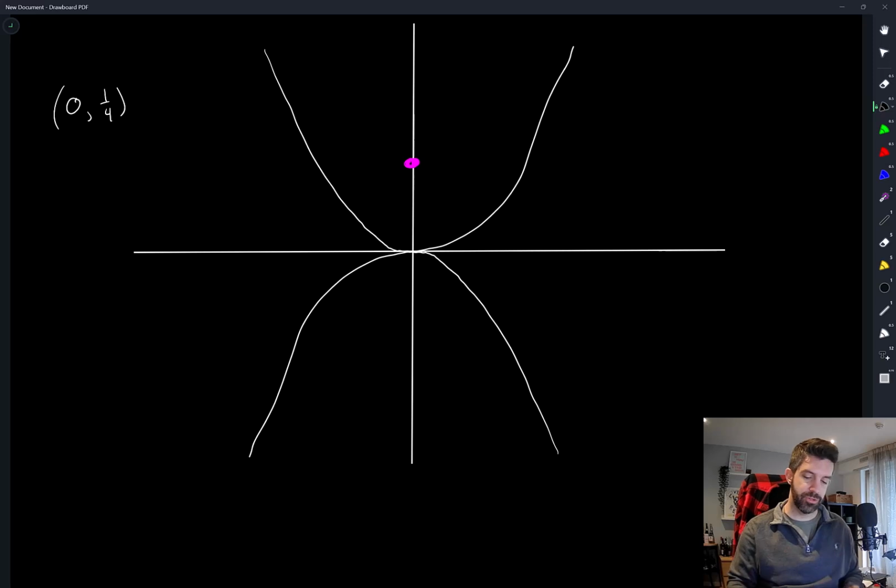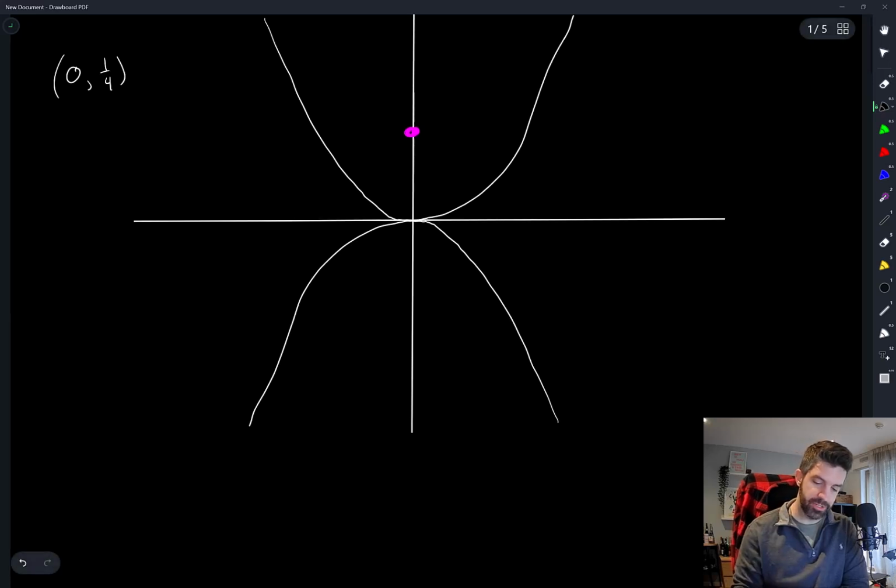I want to parameterize things in some way. Maybe I should parameterize everything by the x coordinate of the point of contact.